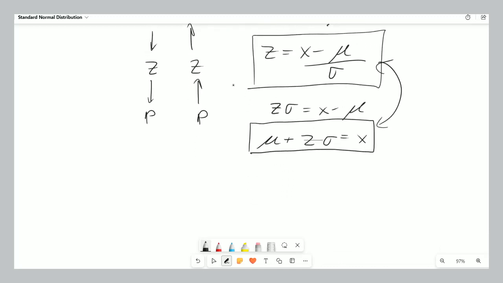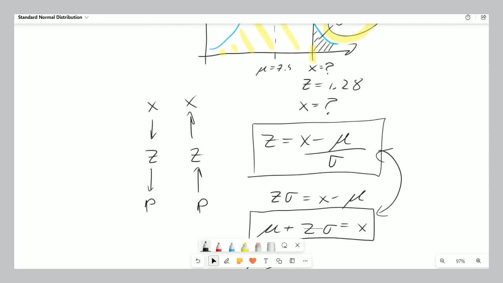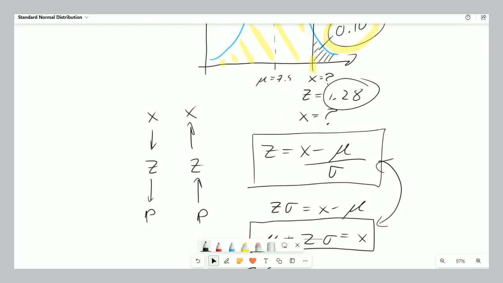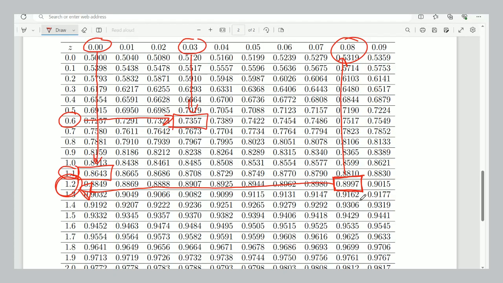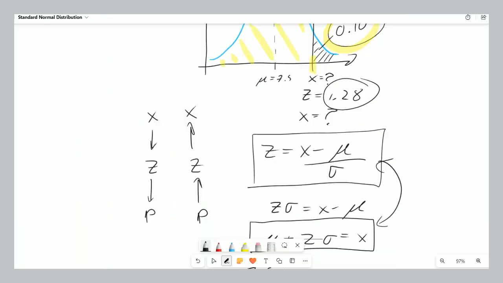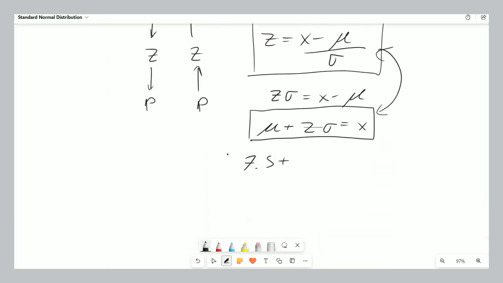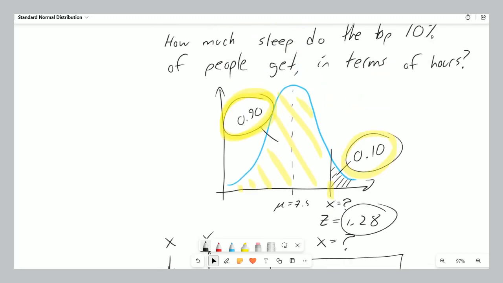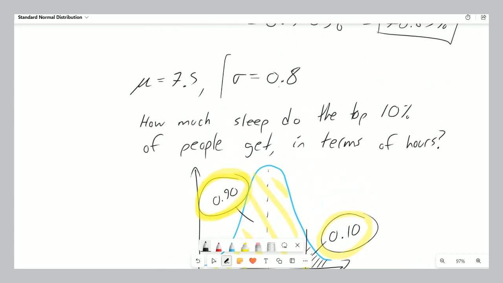So, our x value is going to be mu, that's 7.5, plus z, which we found to be 1.28 on our z-table right here, plus 1.28 times sigma, our standard deviation was 0.8, right? Standard deviation right here.